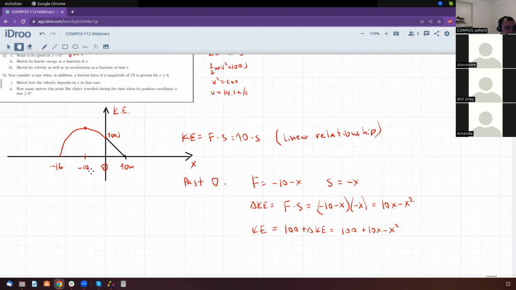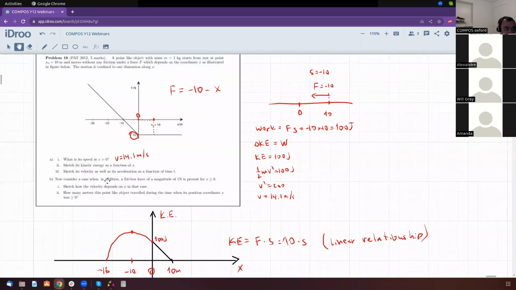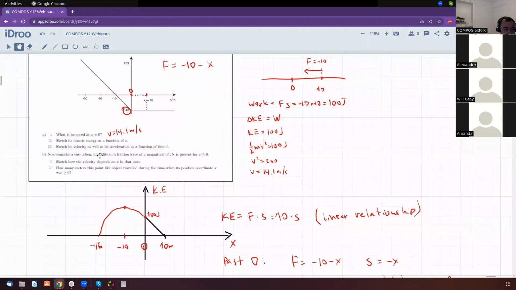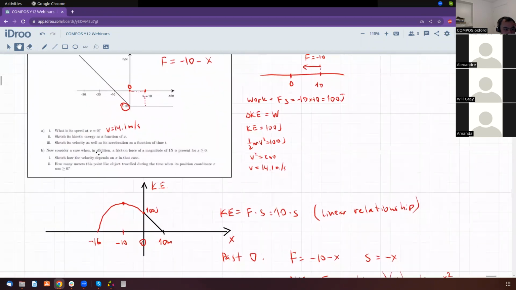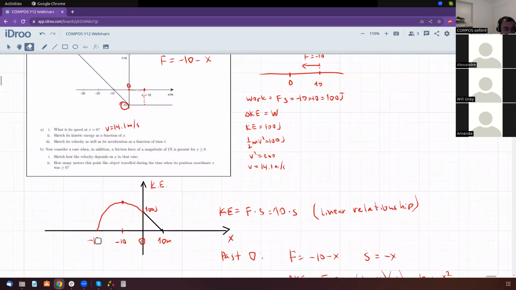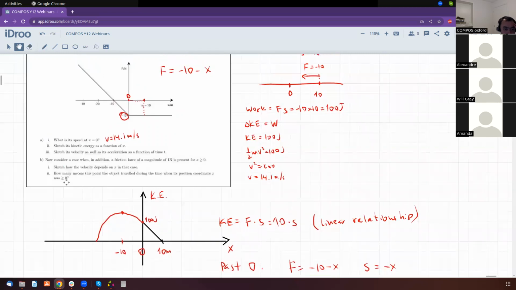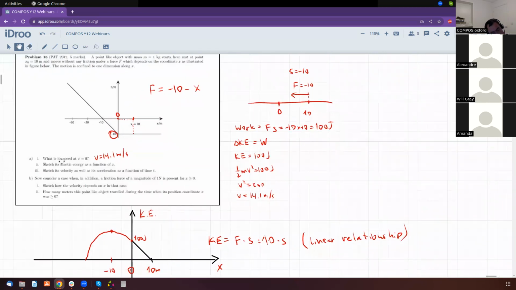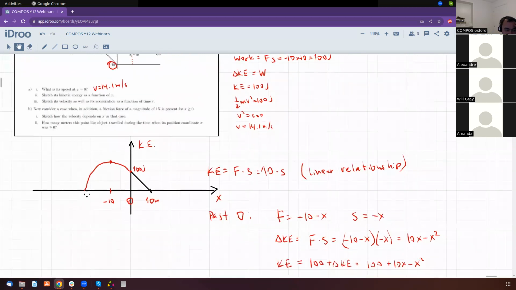So what happens at this point? Well, at this point, it can't be. It's on -16. Sorry. Must be something like 26. I don't know what went wrong. I'll leave you to work out where it crosses.